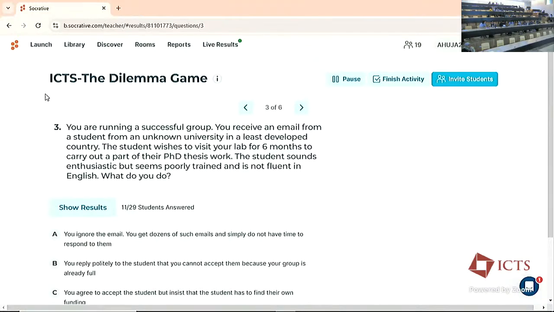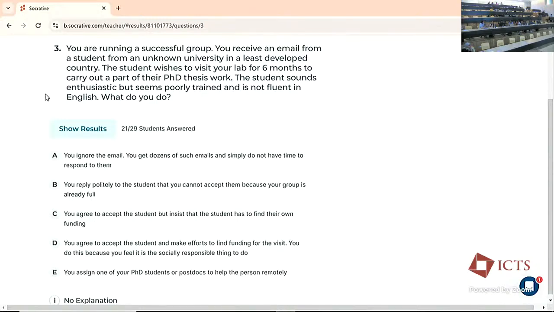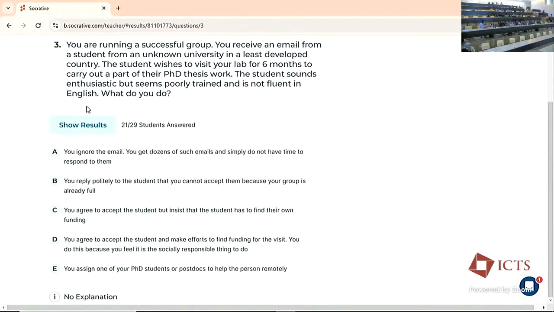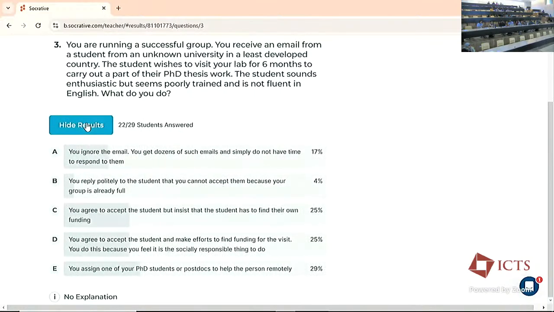I ask you all, please vote and then we can discuss. Okay, please put in your votes if you haven't, and let's see the results.